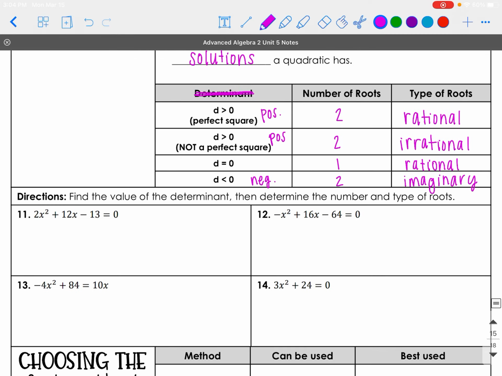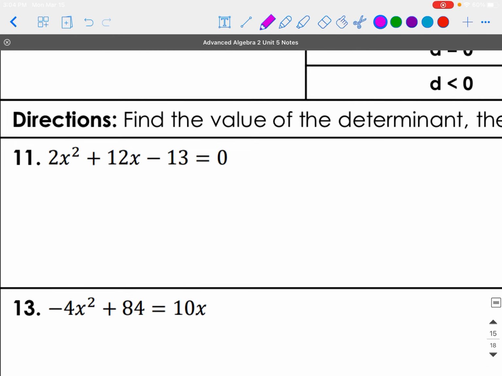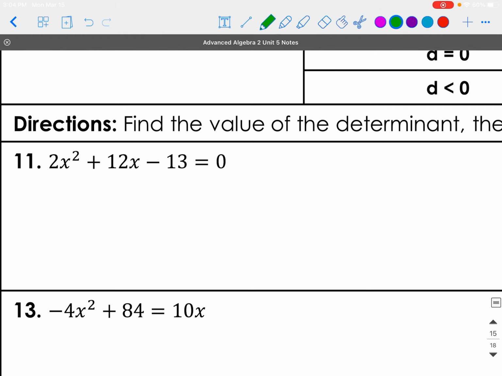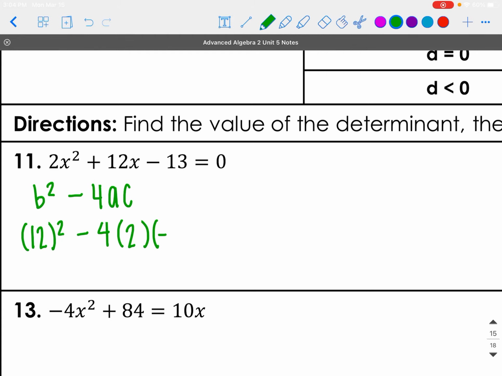So let's do an example. Number 11. To find the discriminant, we do b squared minus 4ac. So that's 12 squared minus 4 times 2 times negative 13.